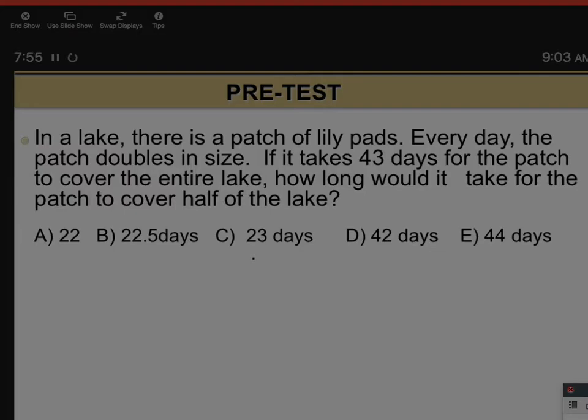If it takes 43 days for the patch to cover the entire lake, how long will it take for the patch to cover half the lake? Okay, last call. Oh, 54 now.